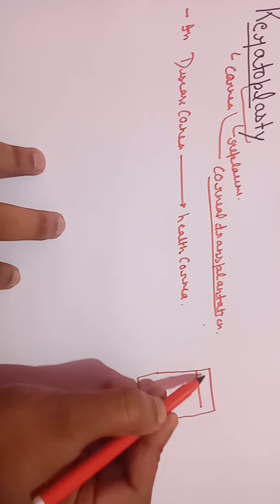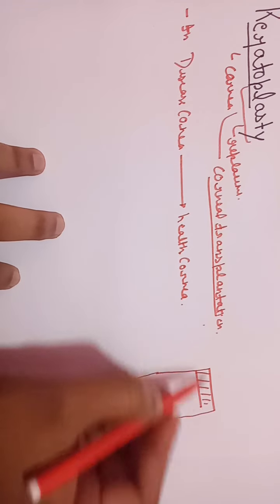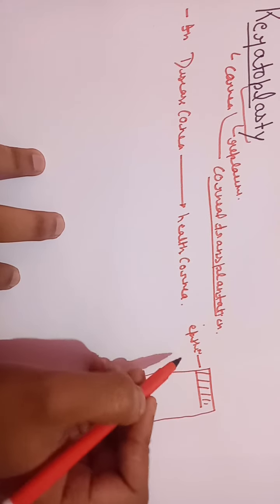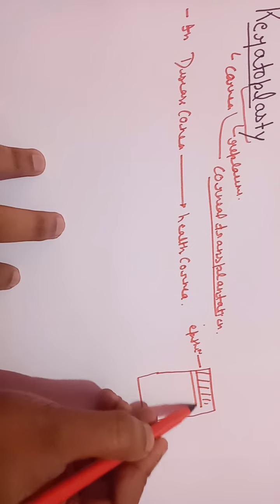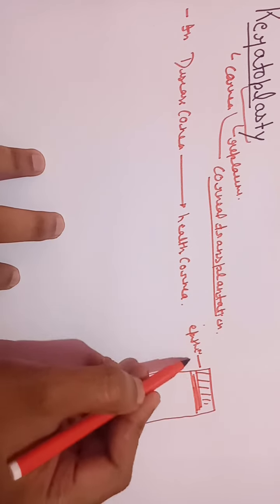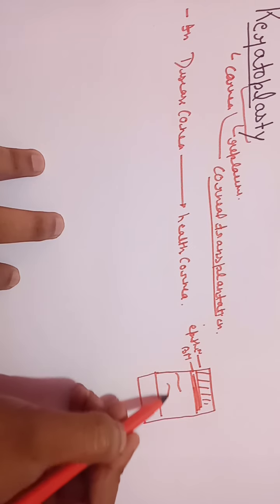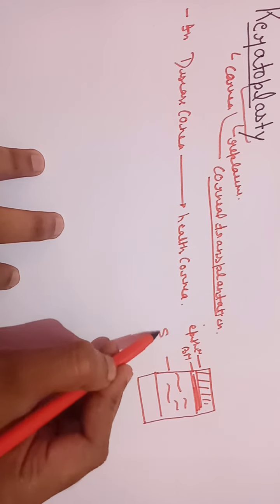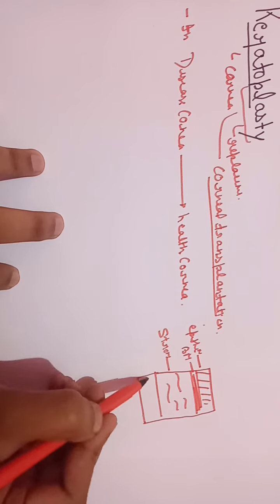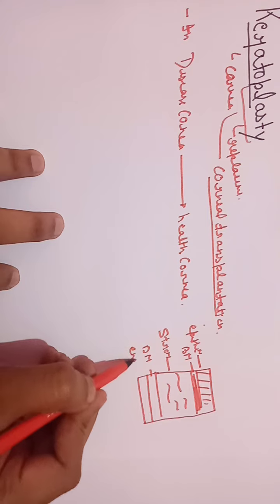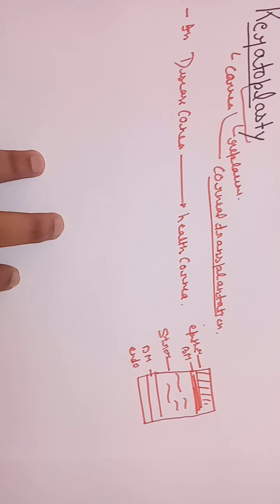First one is the epithelial layer. Second is Bowman's membrane. Third is stroma. Fourth is Descemet's membrane. And last is the endothelial layer.